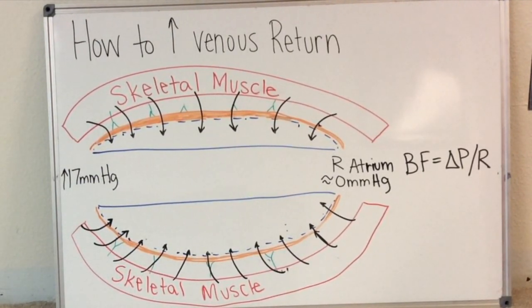A great example of this is what we see when we don't have the skeletal muscle pump. It is not uncommon for soldiers during basic training to have to stand outside at attention for long periods of time. The longer they stand without activating that muscular pump, the more blood pools up in their feet.